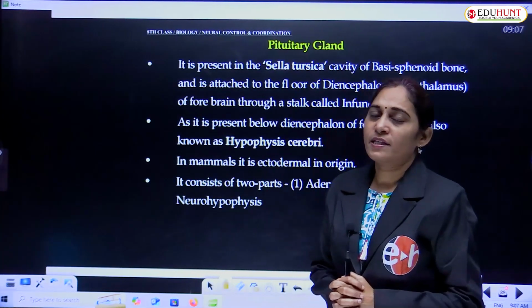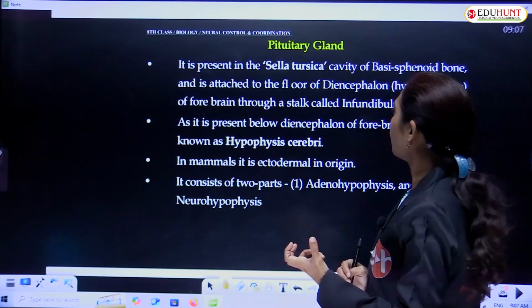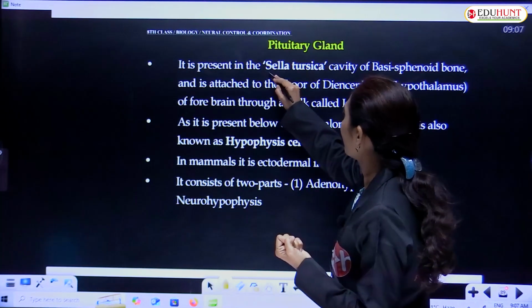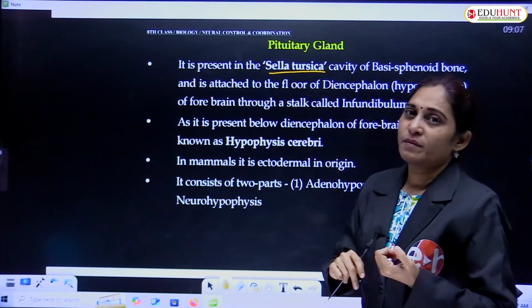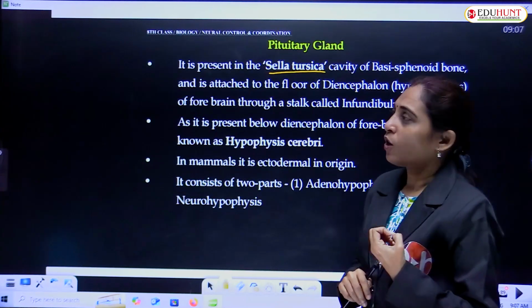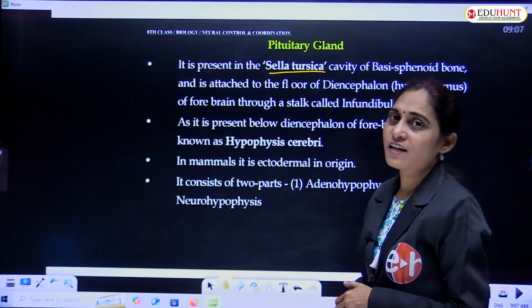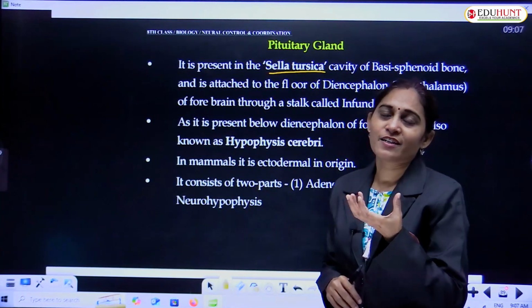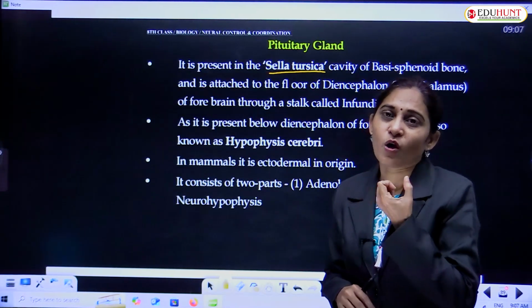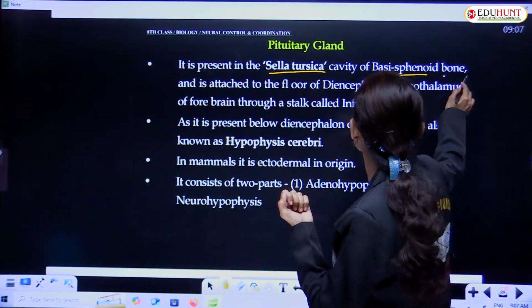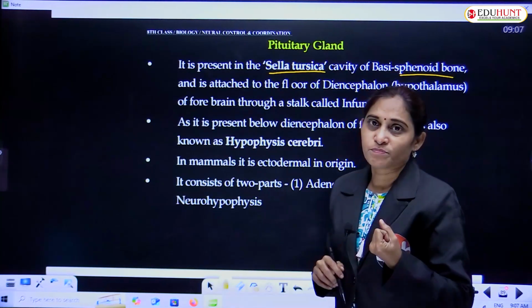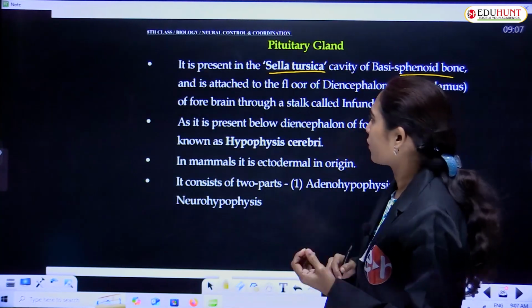It is present in the groove or cavity of the basisphenoid called the sella turcica. Sella turcica is the cavity or groove of the sphenoid bone where the pituitary gland is located.